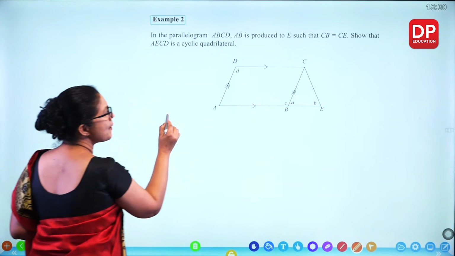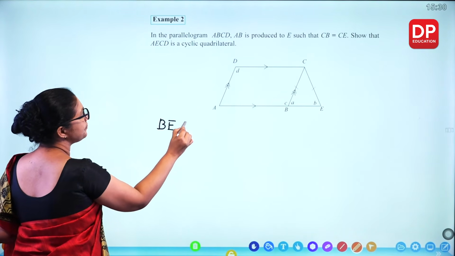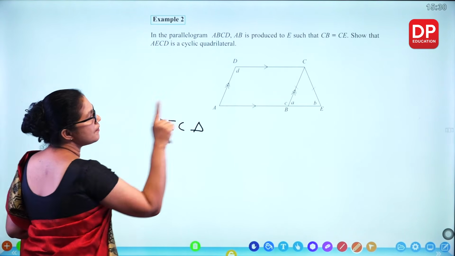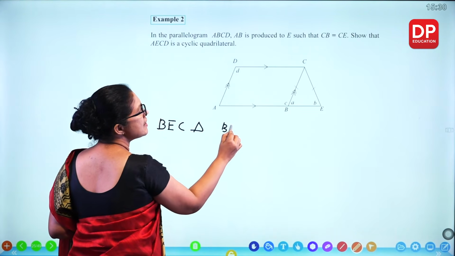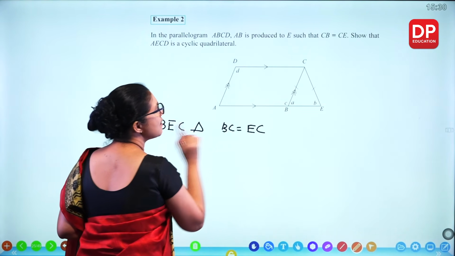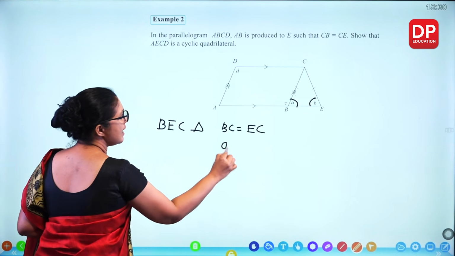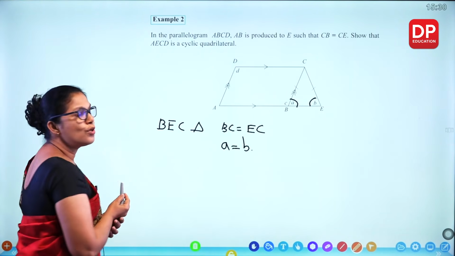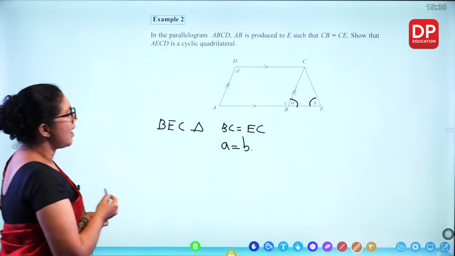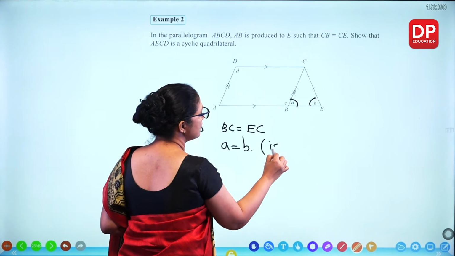Let's take BEC triangle. These two sides are equal. BC equals EC. What can you say about this angle and this angle? A angle should be equal to B angle. Isosceles triangle.